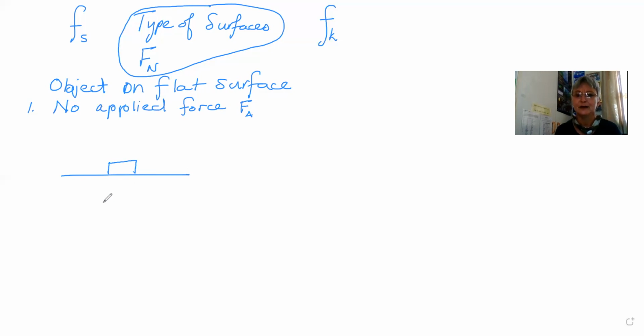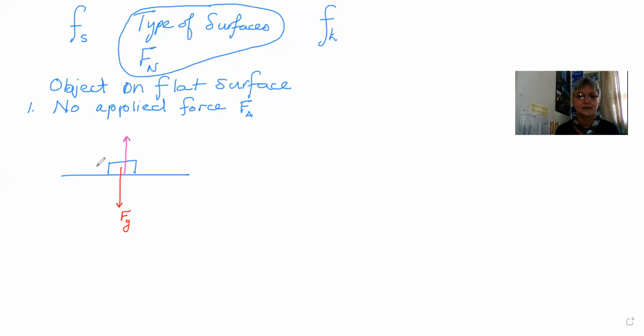Now we need to identify the forces acting on the object. The first force that I would identify is the force of gravity. That is the force that the Earth exerts on the object straight down to the center of the Earth. The next one is the force of the surface on the object.